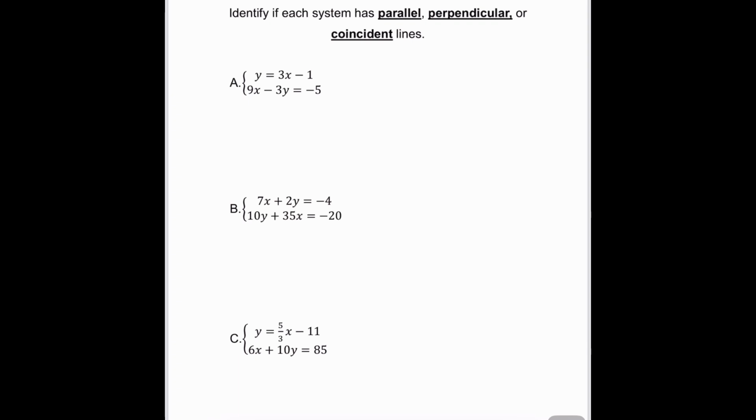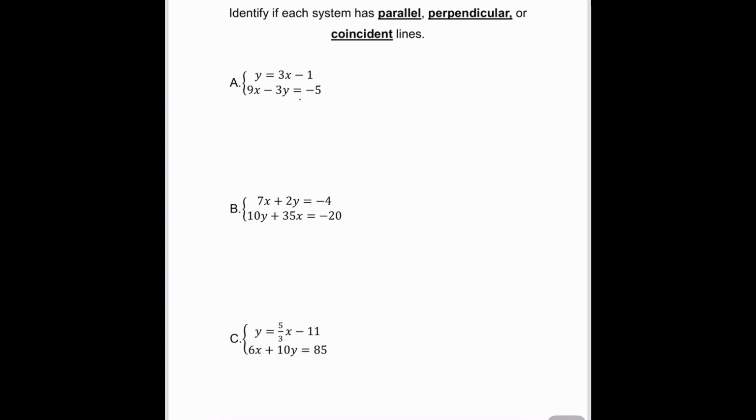But before doing that, you can do one more thing, which is looking at every equation to see if it can be reduced. When we say reduced, we mean that all the terms in the equation can be divided by a certain number. Going back to example A, the first equation is already in slope-intercept form.